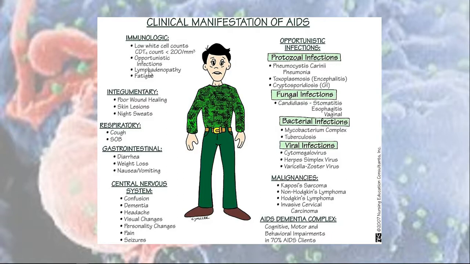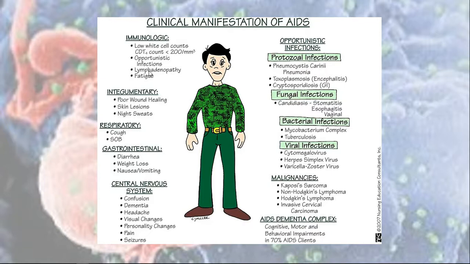Respiratory: a persistent cough and shortness of breath. Gastrointestinal: they can have diarrhea because of opportunistic bacterial infections, as well as side effects of some of the antiviral medications they take, along with weight loss, nausea, and vomiting. Their central nervous system can be affected with confusion, the AIDS dementia that was mentioned, headaches, visual changes, and personality changes too.